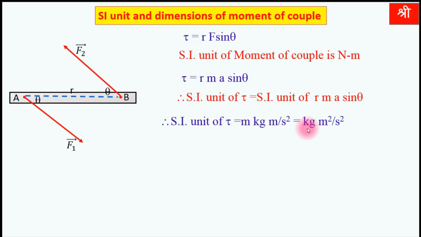Therefore we get SI unit of this moment of couple equal to kg meter square per second square, because this meter into meter becomes meter square, or we can write kg meter squared second raised to -2.